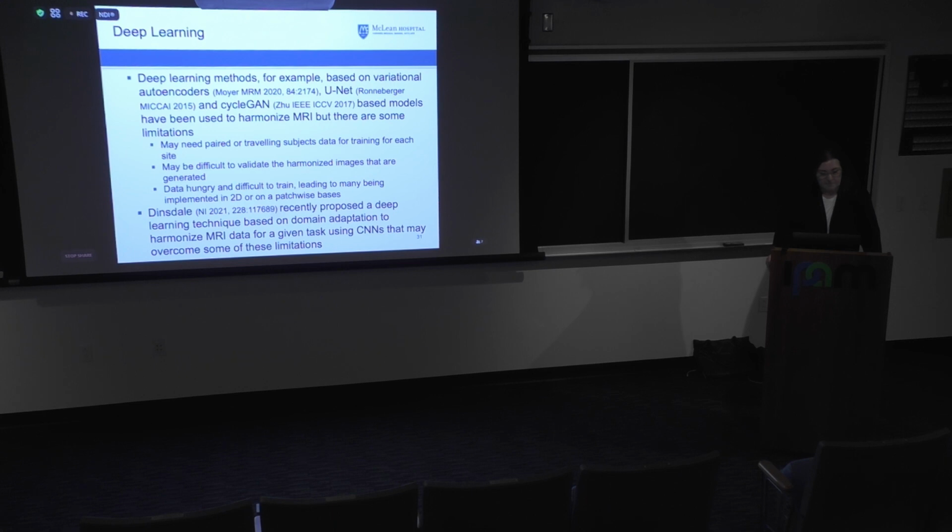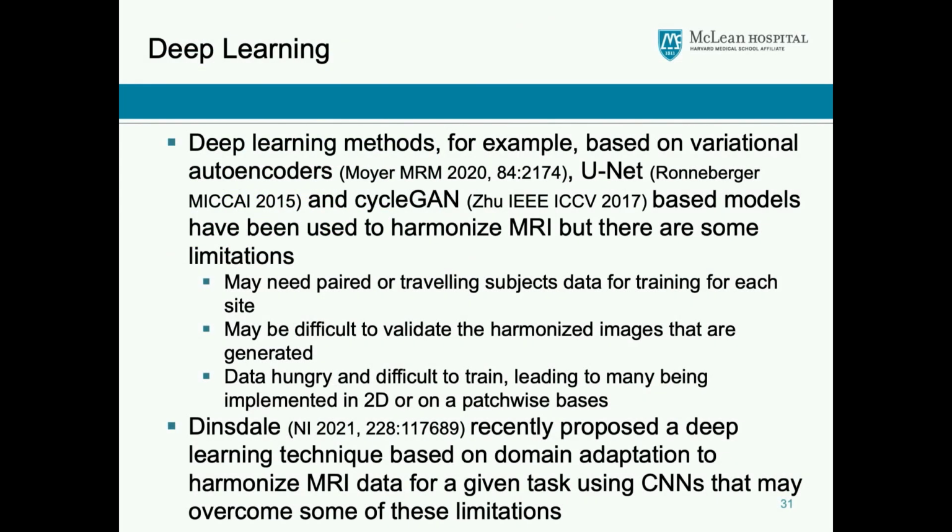The last paper by Dinsdale, they recently proposed a deep learning technique based on domain adaptation to harmonize MRI data for a given task using CNNs that could overcome some of these limitations. I thought this was a really interesting approach.